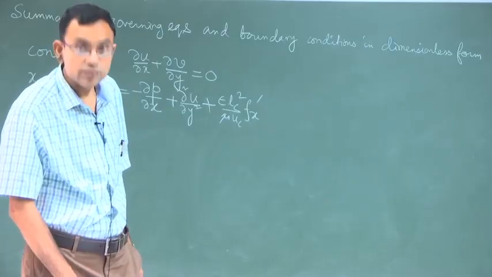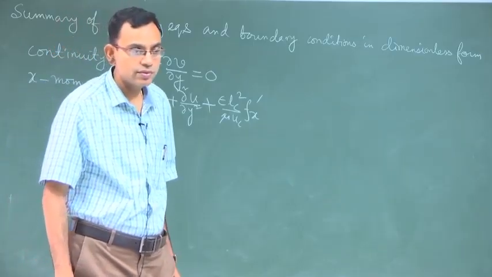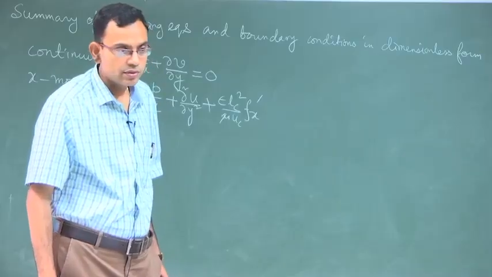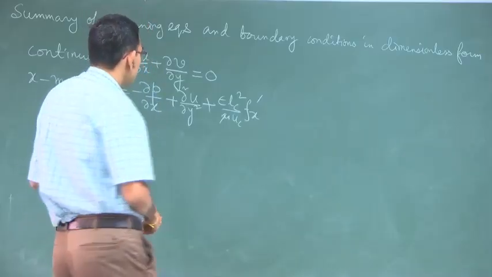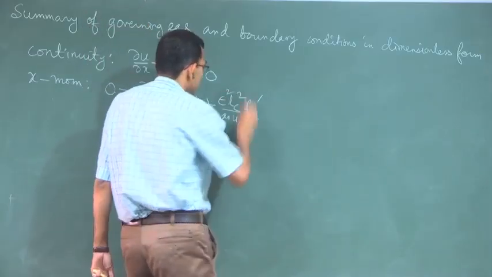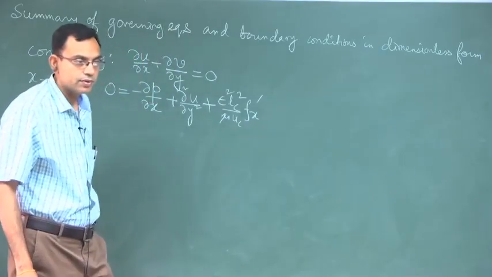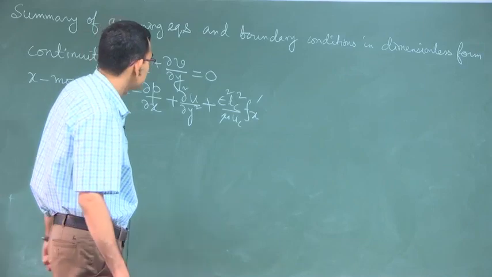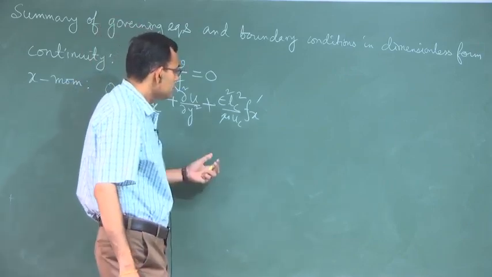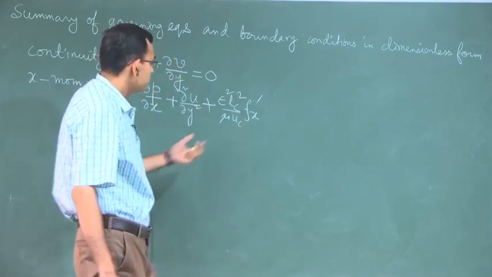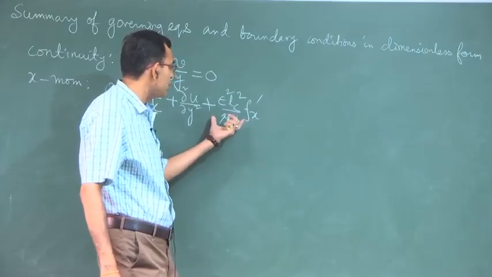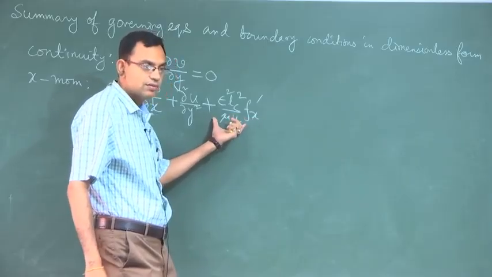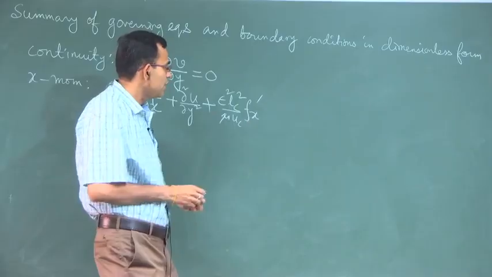So, just check with your notes. It should be epsilon square Lc square, because that should be h naught square. Epsilon square Lc square, okay. Because the scale of the viscous term was mu u naught by h naught square. So, if I give an example to see whether it is dimensionless or not, just if we have confusion.